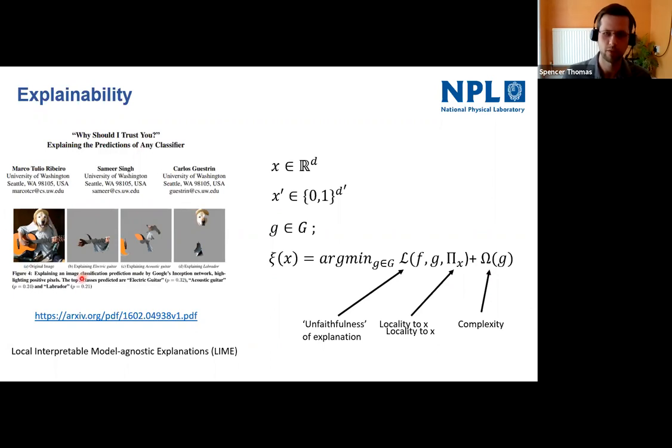This figure nicely illustrates that you have this image of a dog playing a guitar, and it explains what features of the image gave rise to the outcome, saying this is an electric guitar, this is an acoustic guitar, and this is a Labrador. This is quite useful to understand why we're getting certain outcomes from our models.